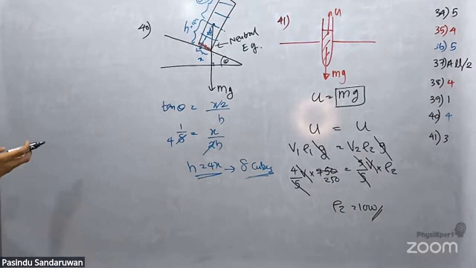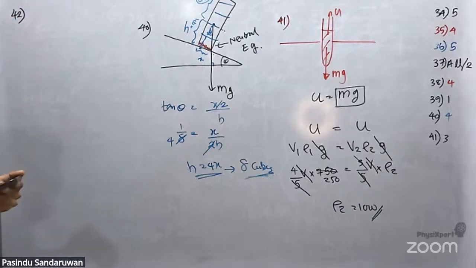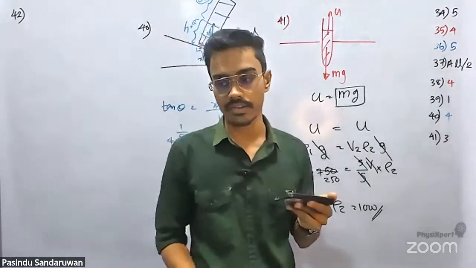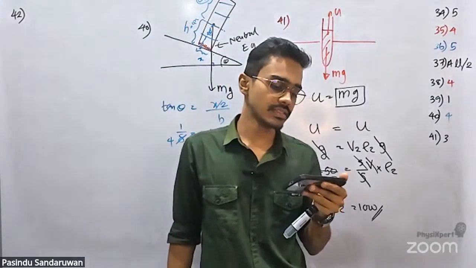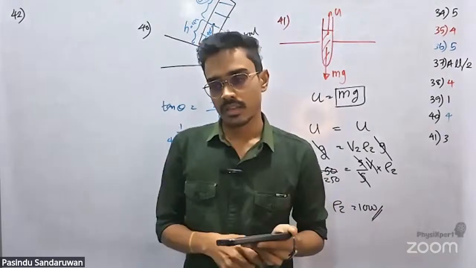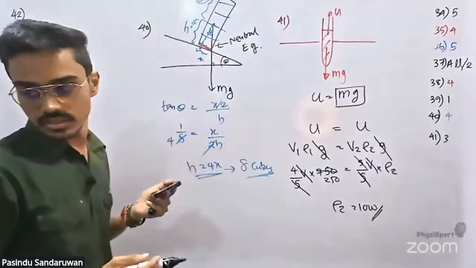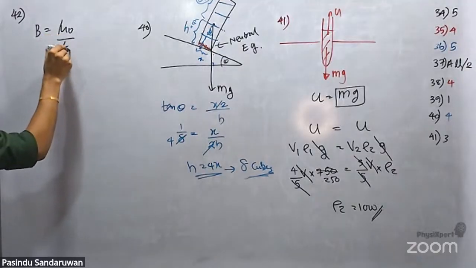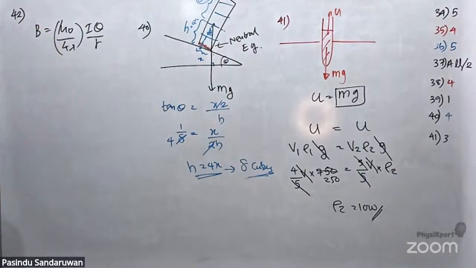42. If BA, BB, and BC are the magnetic flux densities due to currents in the conductors, find the correct relationship among them. The equation for the magnetic flux density of a circular arc is B equals mu naught over 4 pi, I theta over R. This is the basic equation, right?